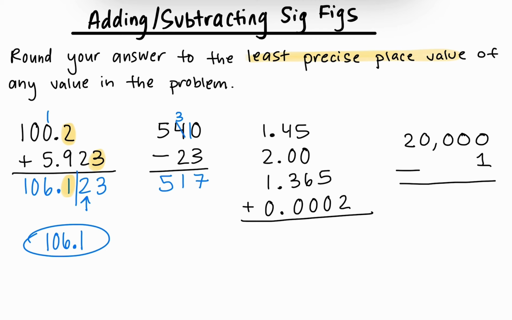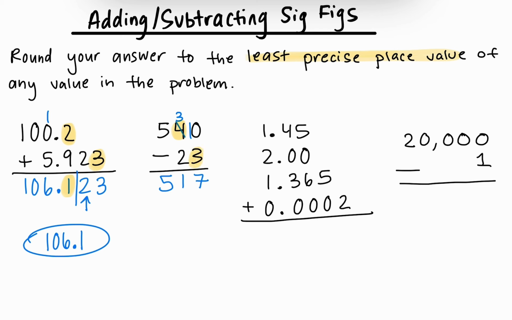place value of each value in the problem. So for 540, remember that this 0 is a trailing 0, and there is no decimal, which means it is not significant. So our least precise place value here would be the tens place, and then for 23 it would be the ones place.